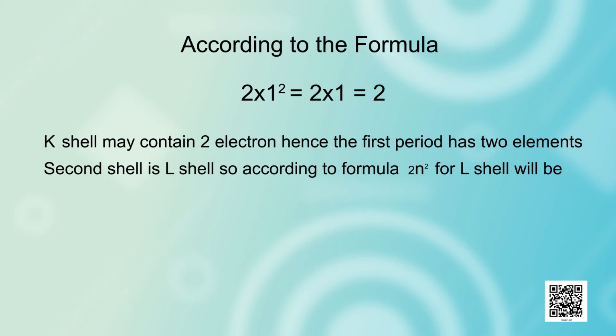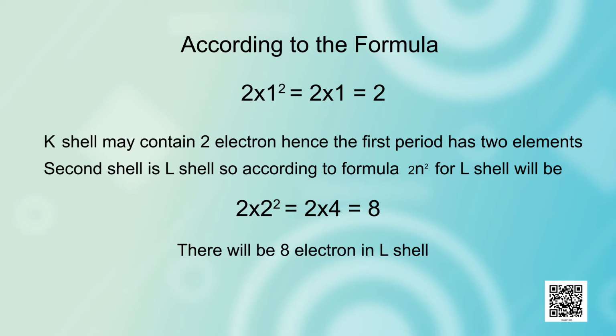The second shell is the L shell. According to the formula, 2n squared for L shell is 2 into 2 squared, that is 2 into 4, which equals 8. It means there will be 8 electrons in the L shell and hence the second period has 8 elements. Similarly, the third shell is the M shell.